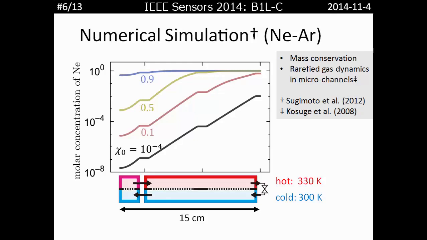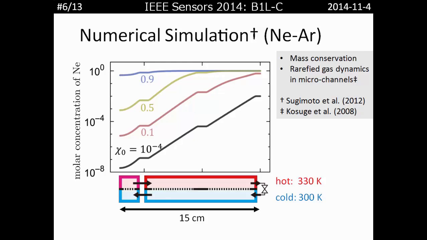Then we give a temperature difference of 60 Kelvin here and 90 Kelvin here. Then the steady distribution of molar concentration of neon is plotted here. We can see that the concentration at the right end is much larger than that at the left end.